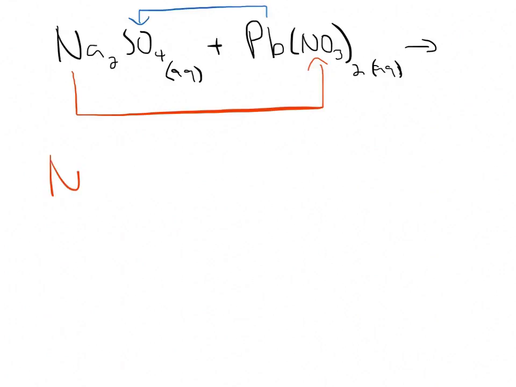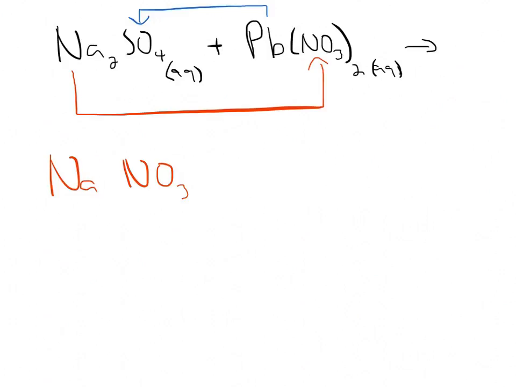It could be Na and then NO3. And when you do this, think of charges. When you rewrite the new possible compounds, you're not bringing those subscripts with you. You're just thinking of the charge. Na you can find on the periodic table, it's a +1. NO3 is a -1, so that's the formula.